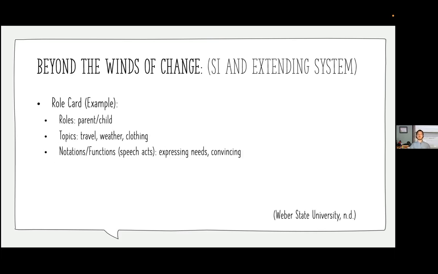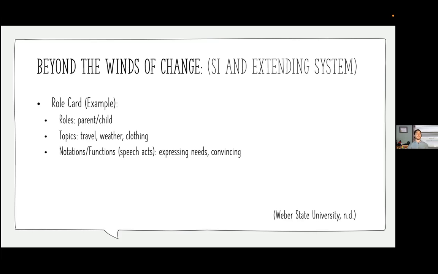This is from Weber State University, and I actually emailed one of the past students of DiPietro, who's now the head of the Spanish department there, and he gave me permission to use some of a big compilation of strategic interaction role cards. He says he still uses strategic interaction, which was nice to hear.